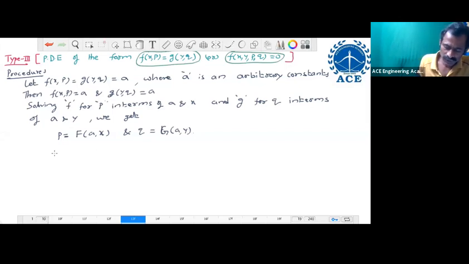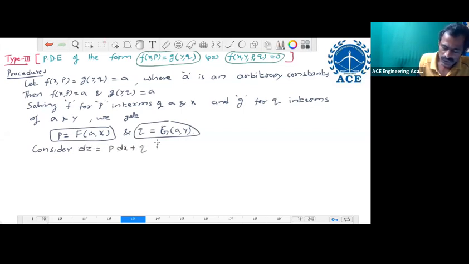Now we know the p and q. We write the solution by taking the dz. Consider dz equal to p dx plus q dy, which implies dz equal to, in place of p, put F of a comma x dx plus in place of q, put G of a comma y dy.